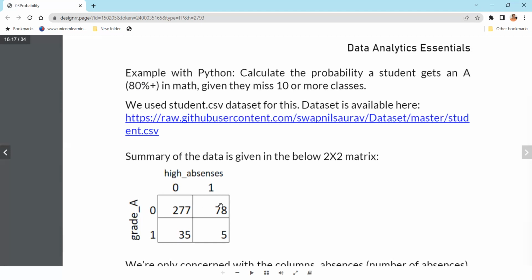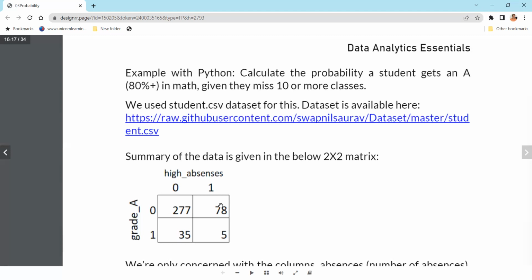So what is now high absence is 1 and grade A 0. Come on. Why are you so silent, guys?